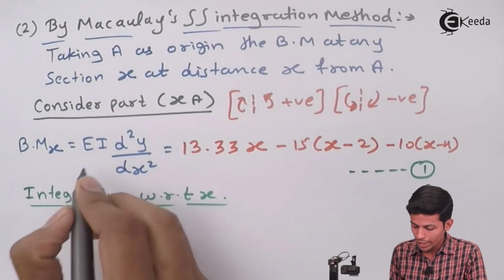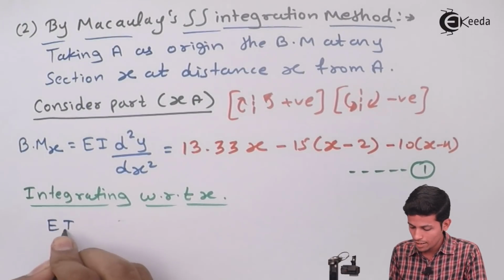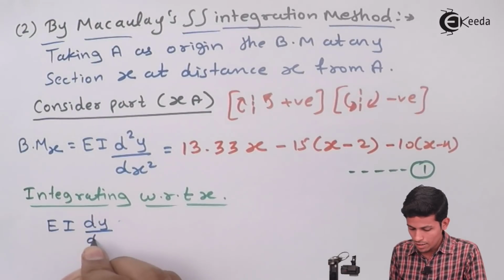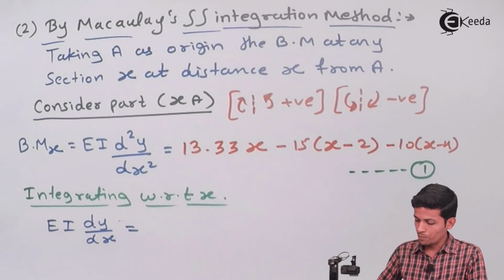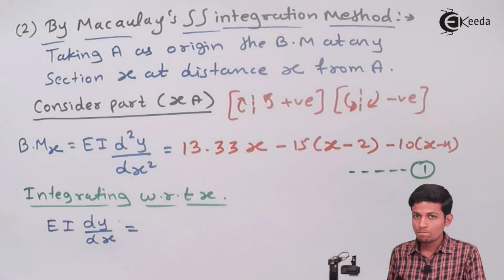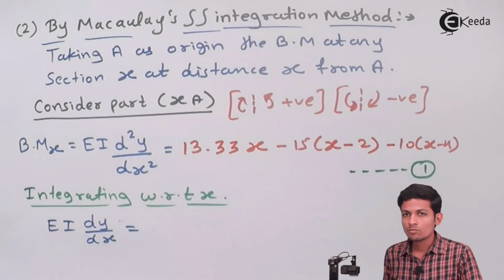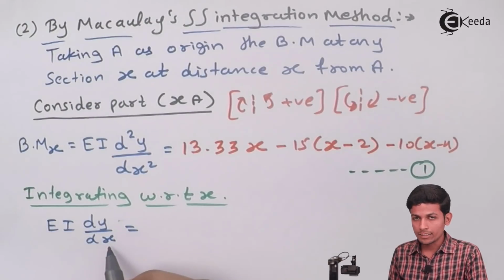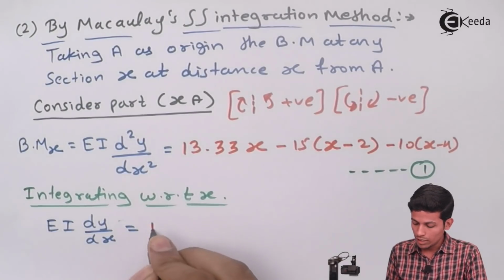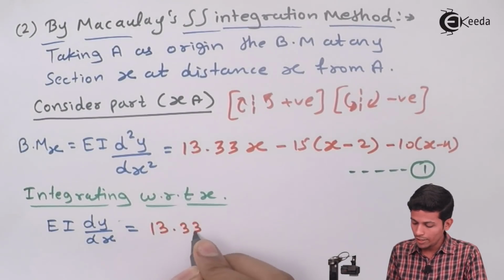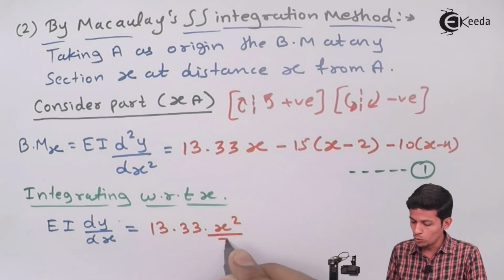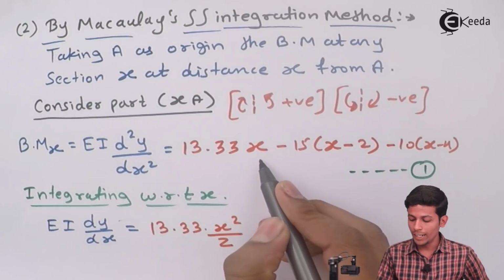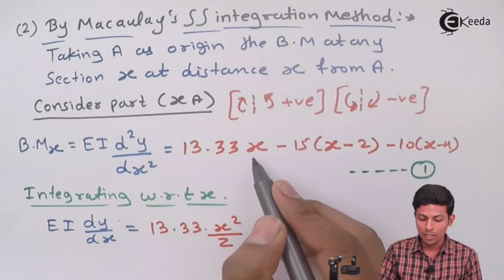EI dy by dx is equal to, now see, dy by dx here is nothing but 13.33 into x square by 2. This is the integration of x, sorry, x square by 2.